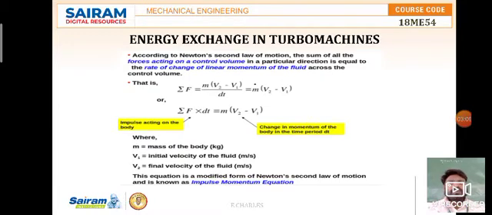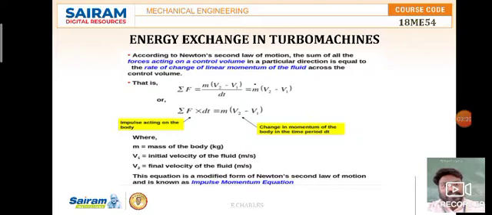So that is equal to m dot into v2 minus v1. If dt is moved across, the summation of all the forces into the time dt is equal to the mass flow rate into v2 minus v1. This is the formula that we get from Newton's second law.